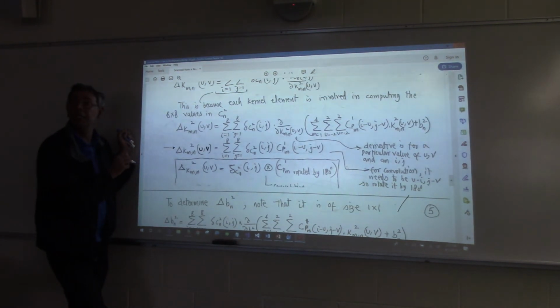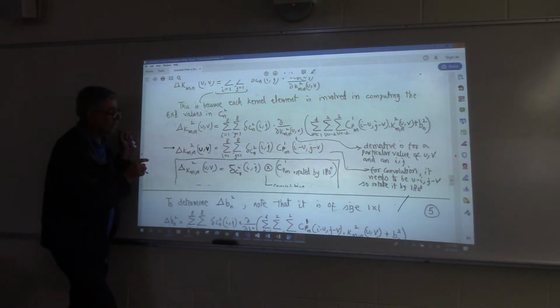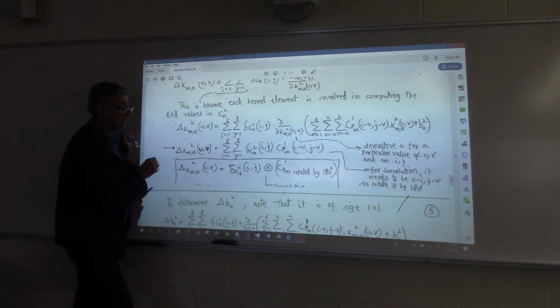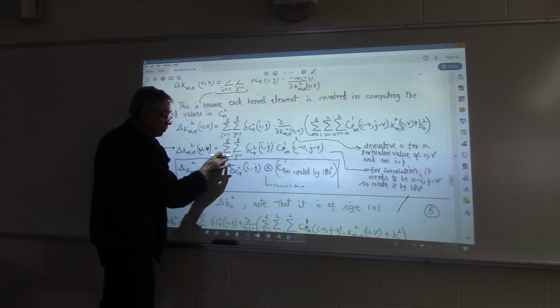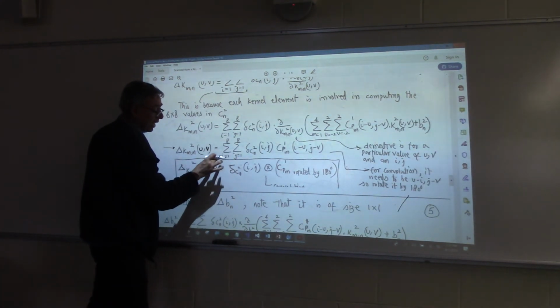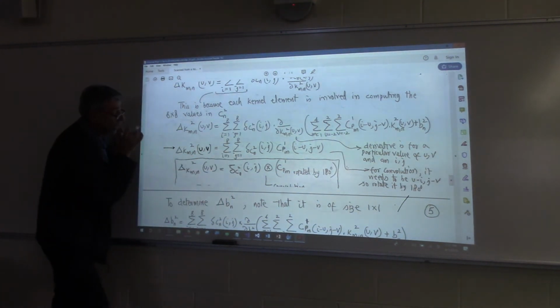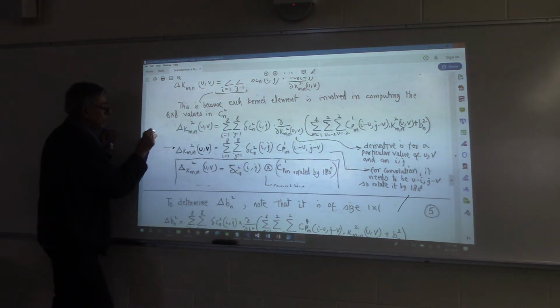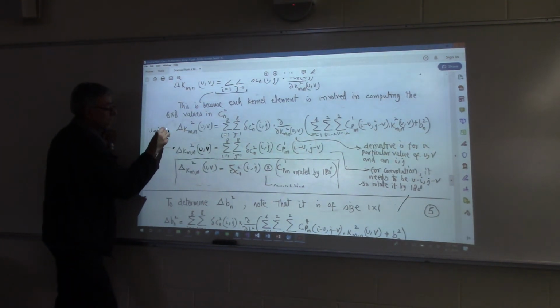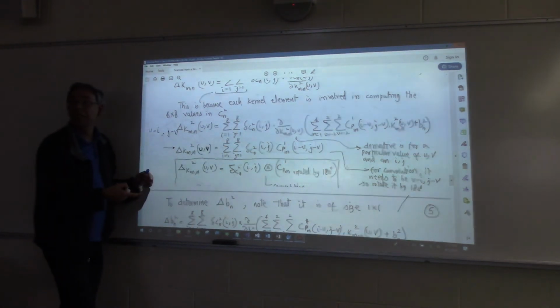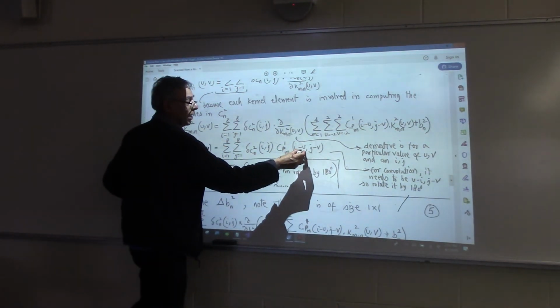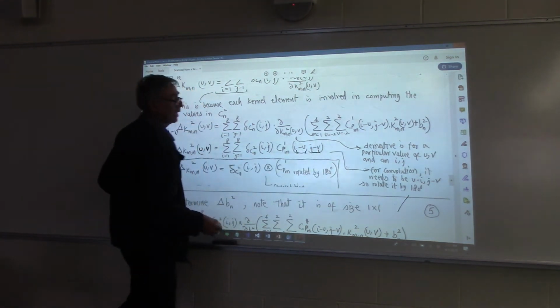U and V. In my previous example, the summation over here was over u and v, but now it's i and j. So it should be u minus i and j minus v for it to be a convolution. But what do you see over here? It's the exact opposite.